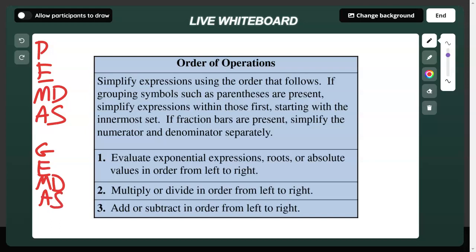Which I think makes a little bit more sense because P is parentheses, but we have more groupings than just parentheses because absolute value needs to be done first before exponents are done. Okay, same thing if you have operations inside of a radical expression, or if you have something being raised to a power, but it's inside of a grouping. Fractions are groupings. A numerator can have multiple operations in it. You have to do those first before you can do the division of the fraction.